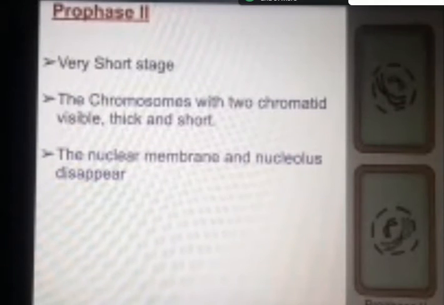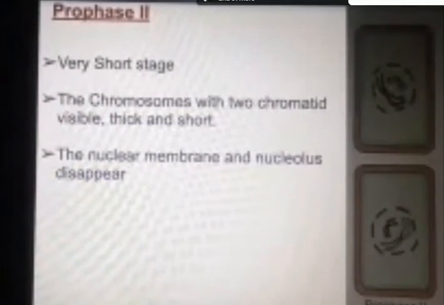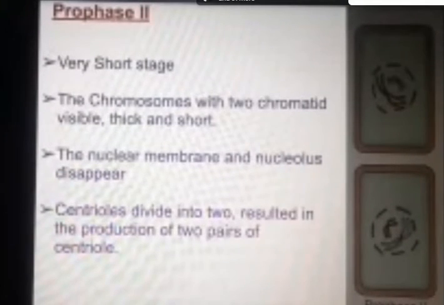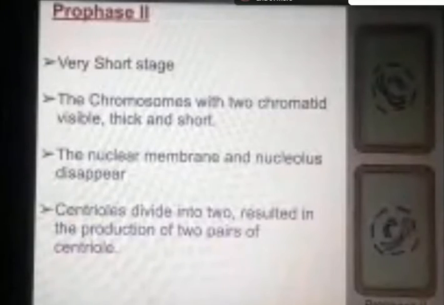The nuclear membrane and nucleolus disappear. So in the late prophase second stage, the nucleolus and the nuclear membrane are going to disappear. And the centrioles divide into two, resulting in the production of two pairs of centrioles.